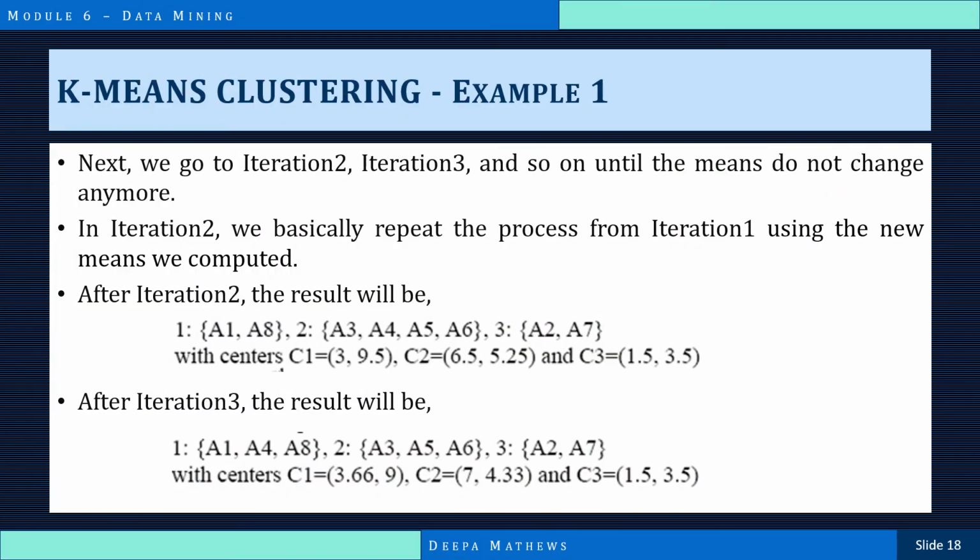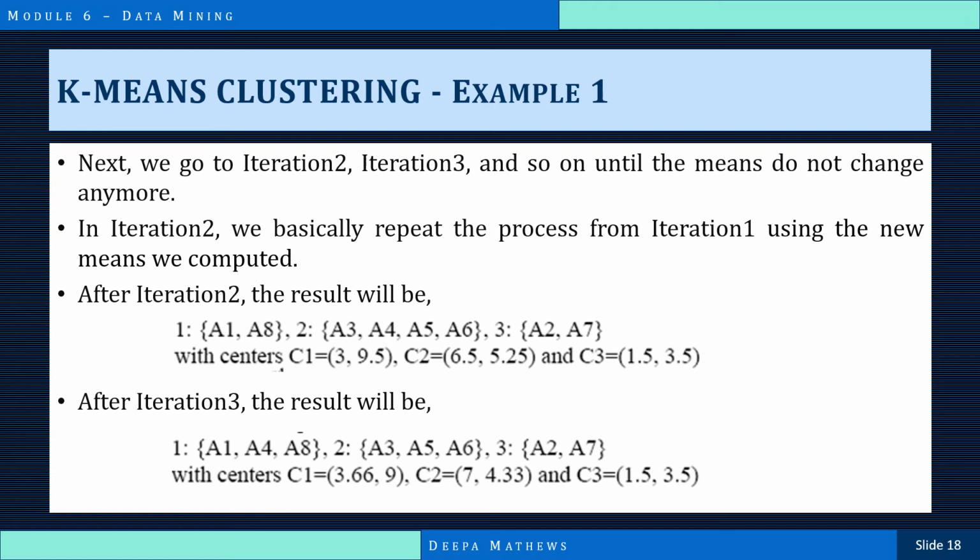We go to iteration 2, iteration 3 and so on until the means do not change anymore, until there is no change in the average value or mean value. In iteration 2, we basically repeat the process from iteration 1 using the new means we computed.